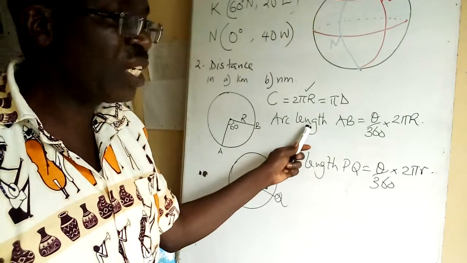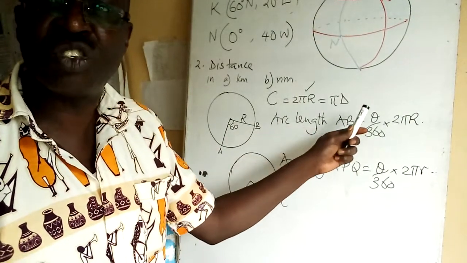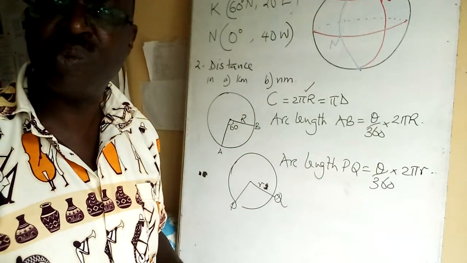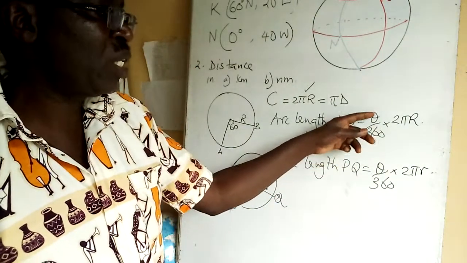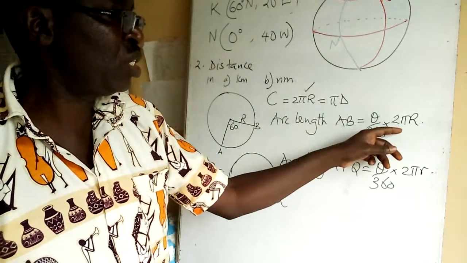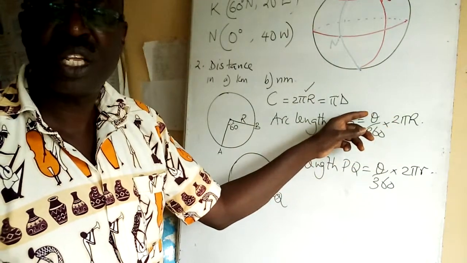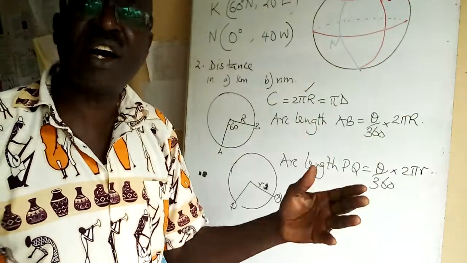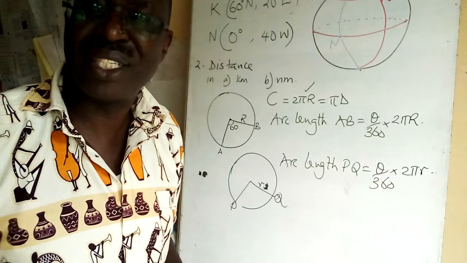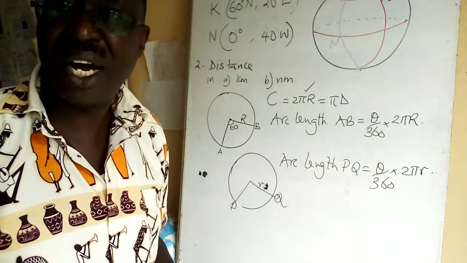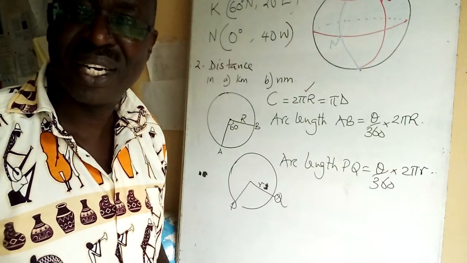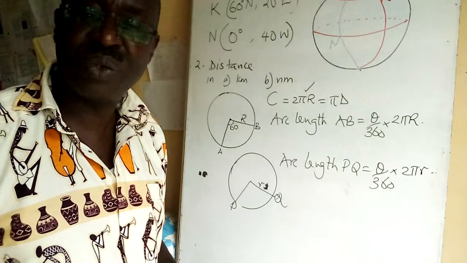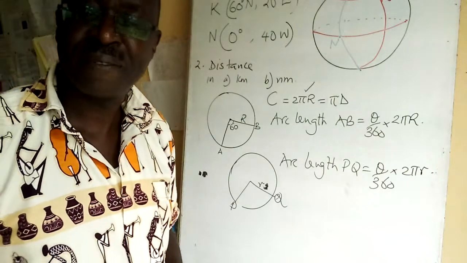The arc length unit depends on r. If r is in centimeter, then arc length will be in centimeter, because these are just ratios. These are figures without units. Theta over 360 is a fraction. Pi has no units. It's a ratio. So it takes the units of radius.